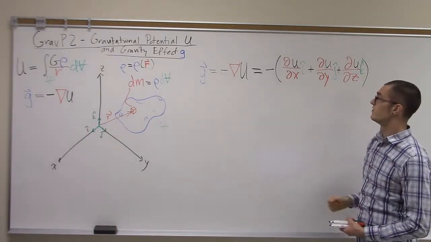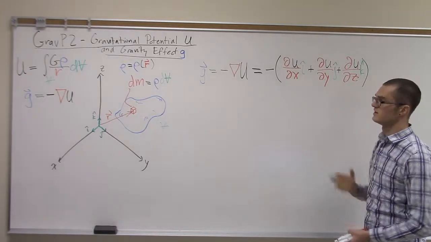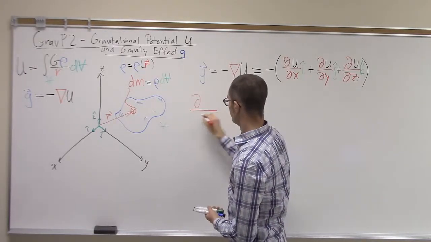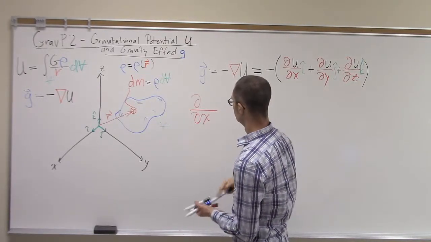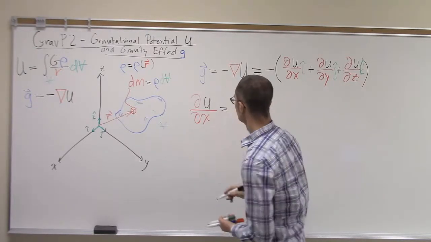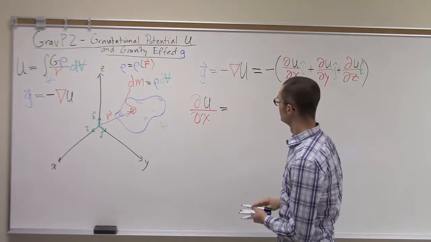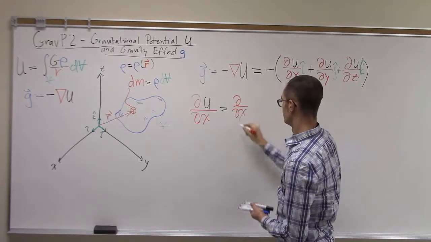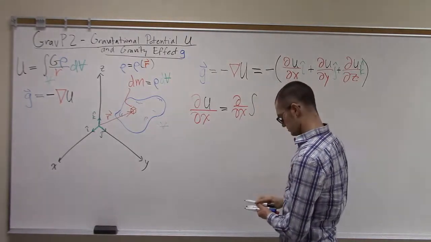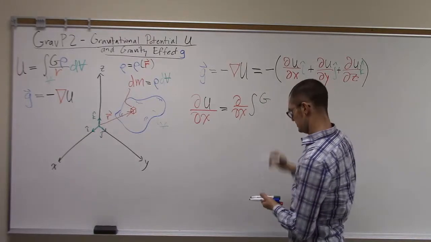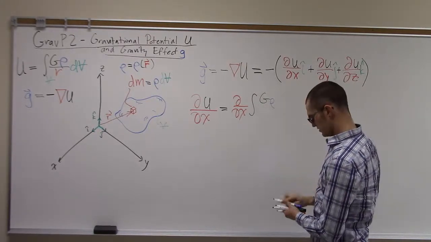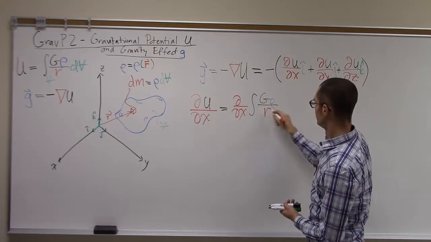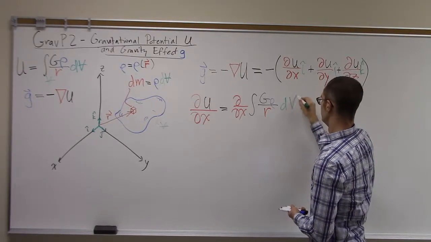So now we can evaluate the gravitational field just by evaluating these three derivatives of U. We can start with d by dx of U. So that's going to be d by dx of the integral of G rho over r dV.